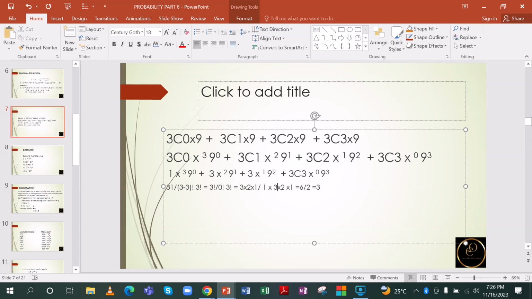All together? Yes, sir. So when you work out this one, it will be 6 divided by 6, which is going to be equal to 1. You see that? Yes. Meaning the last coefficient here will be 1.